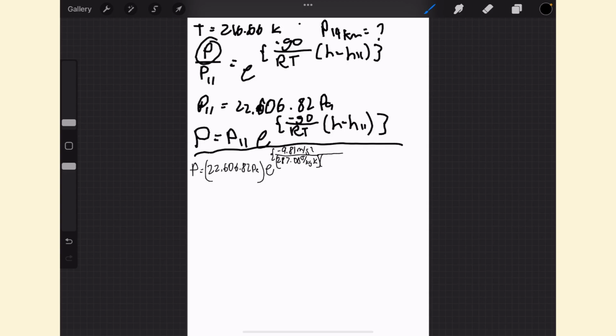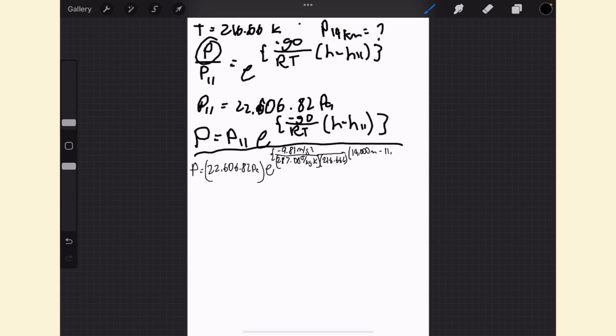I-multiply siya sa temperature natin which is 216.66 Kelvin, all over na i-multiply natin siya sa ating altitude which is yung 14 km or 14,000 meters. Bakit meters? Kasi kapag ginawa natin km yan, mamamali yung ating value.